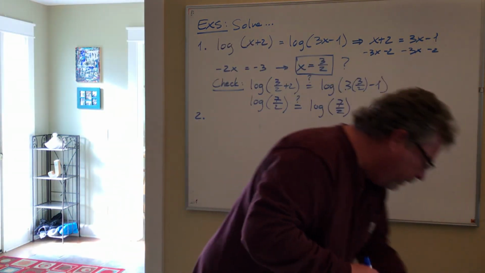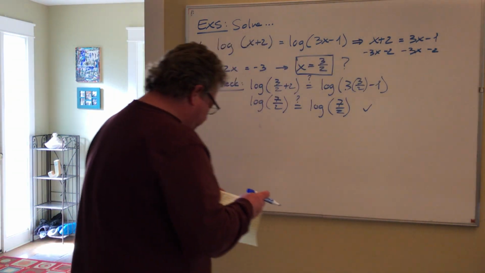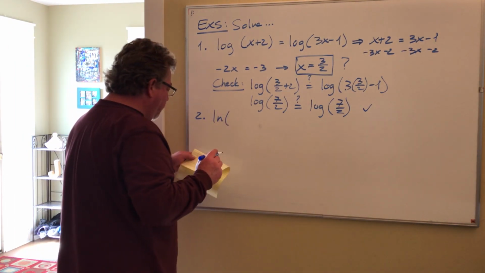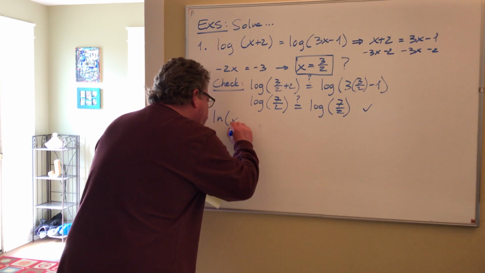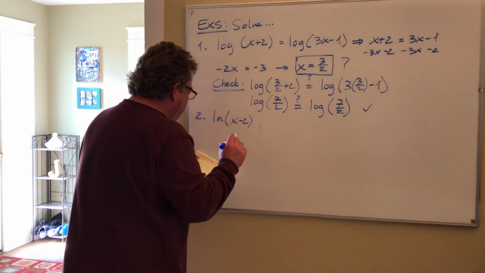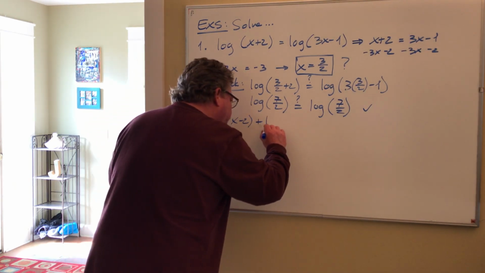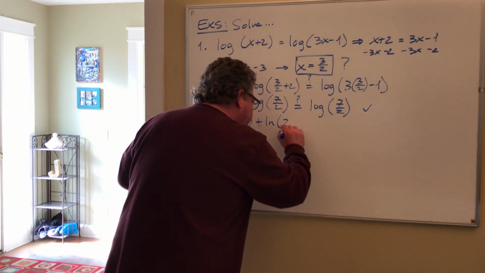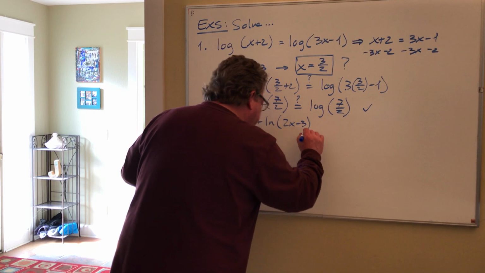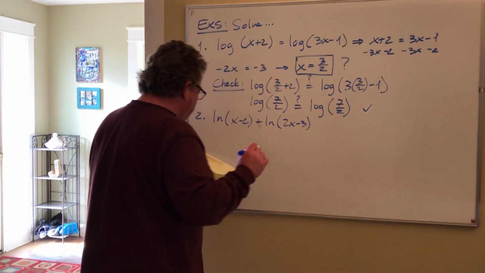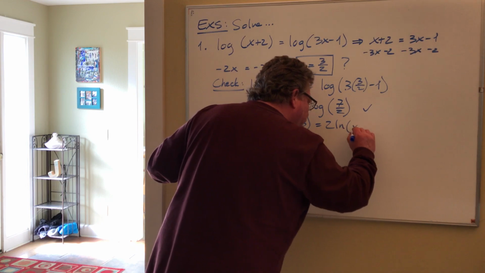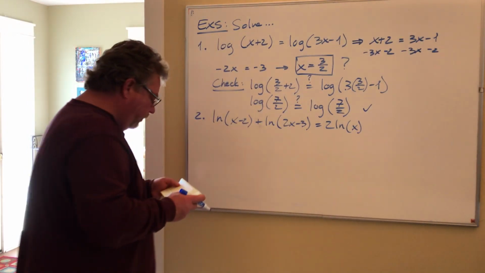For my second example, let's take the natural logarithm of x minus 2. Let's add to that the natural logarithm of 2x minus 3. And let's have that equal to 2 times the natural log of x.